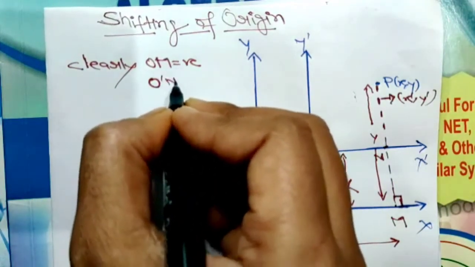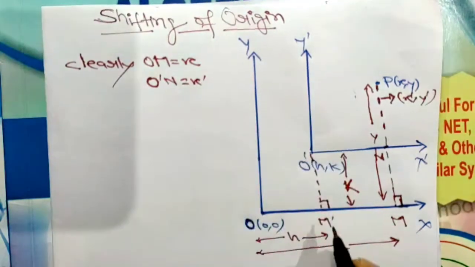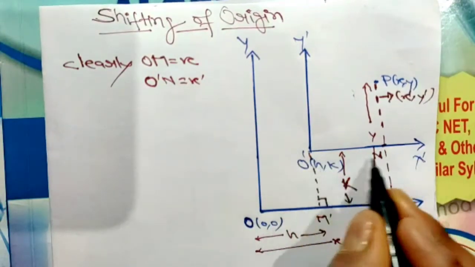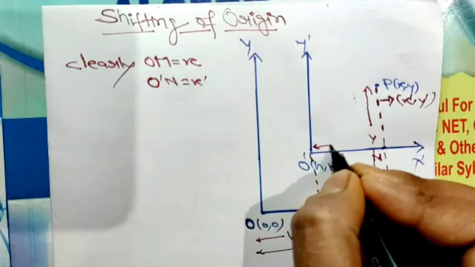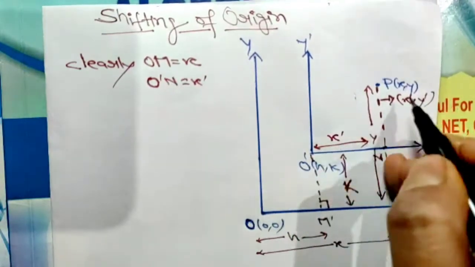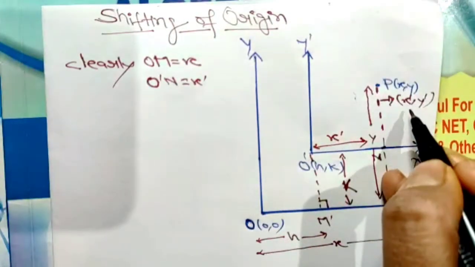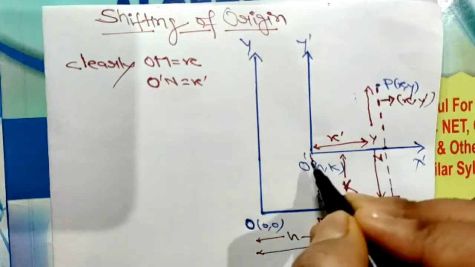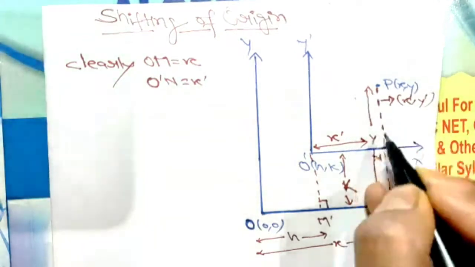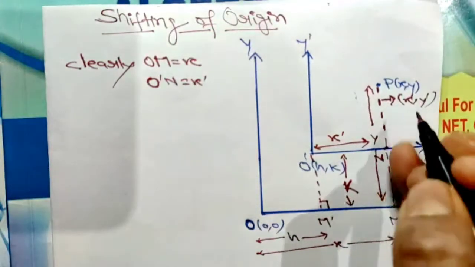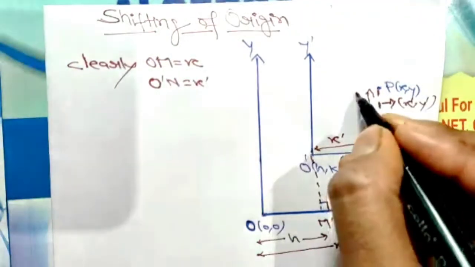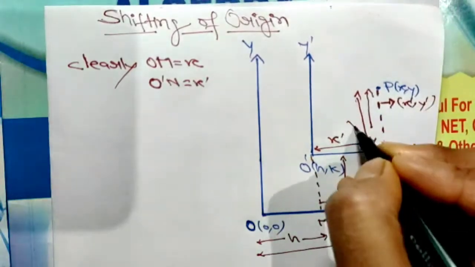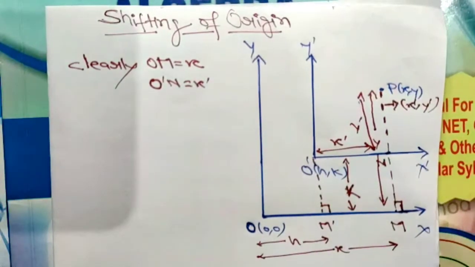O dash N is equal to x dash, because according to the newer coordinate it will become x dash, y dash, so the distance of this is x dash and the distance of PN is y dash.